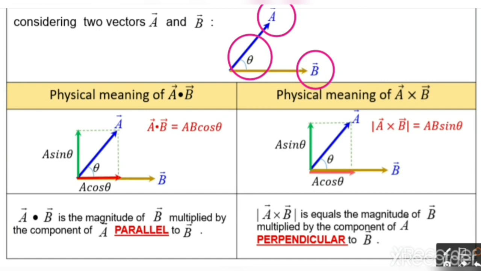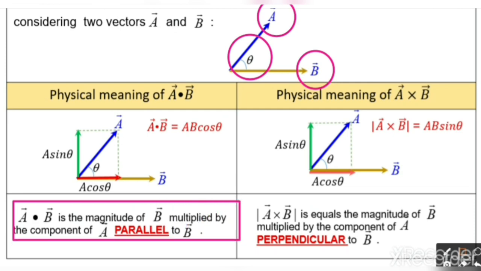For the physical meaning of A dot B, A dot B is the magnitude of B multiplied by the component of A parallel to B. So vector A, when parallel to B, is actually A cos theta. That's why the physical meaning of A dot B is AB cos theta.